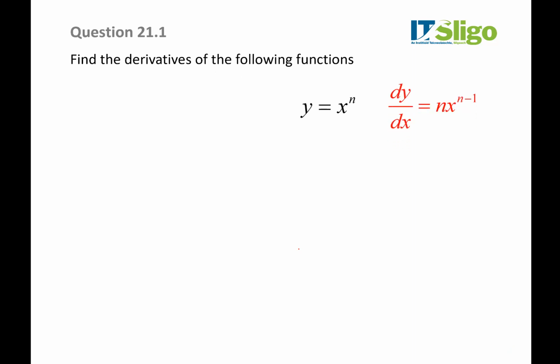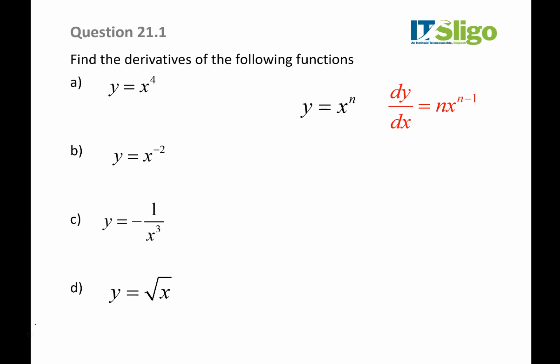Now, here's a question for you guys to try. So it's just based on that rule 3. Find the derivative of the following functions. Here's our rule. And just have a go at each of these. Part D might confuse you a little bit, but remember, sorry, I'll just write that in black.